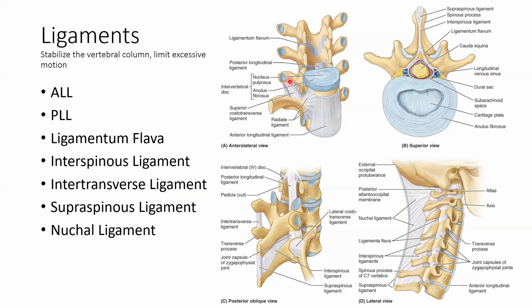So I've listed the important spinal column ligaments here. They're helping to stabilize the vertebral column and limit excessive motion. First, we have the ALL, or anterior longitudinal ligament. The anterior longitudinal ligament is named for exactly what it is.